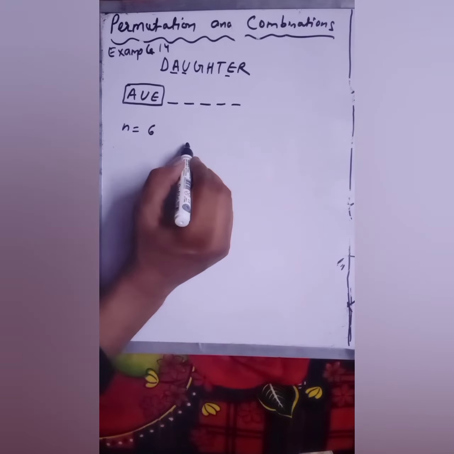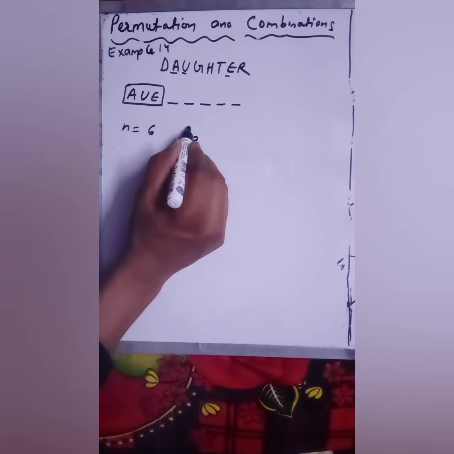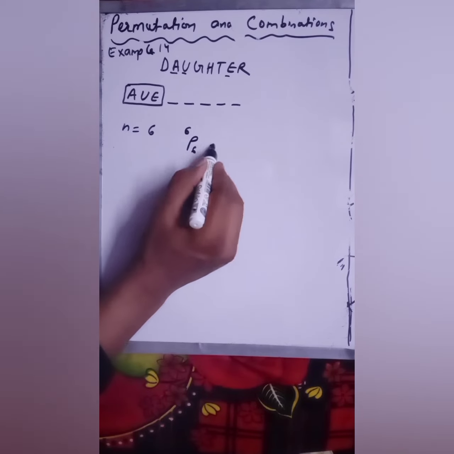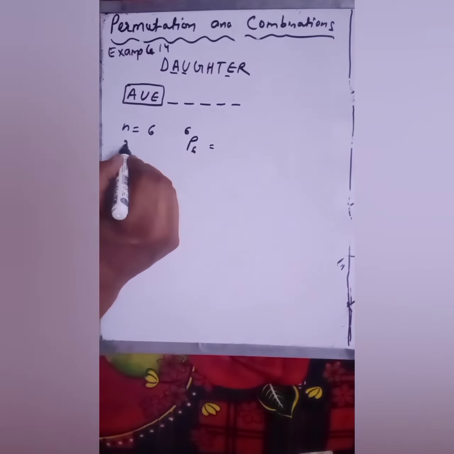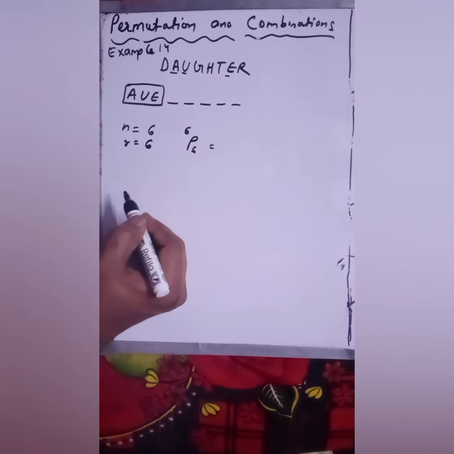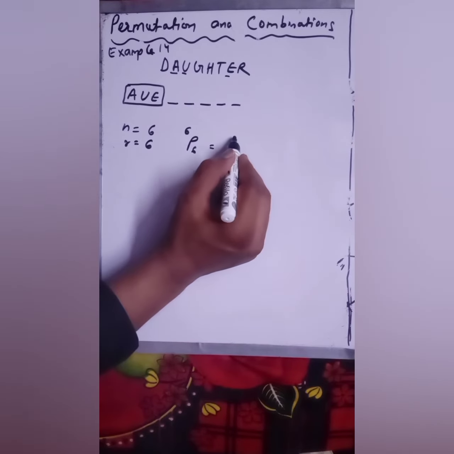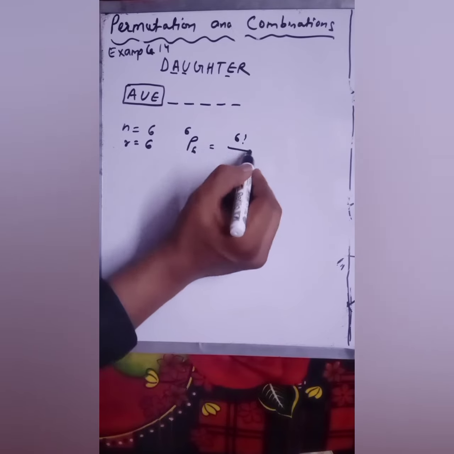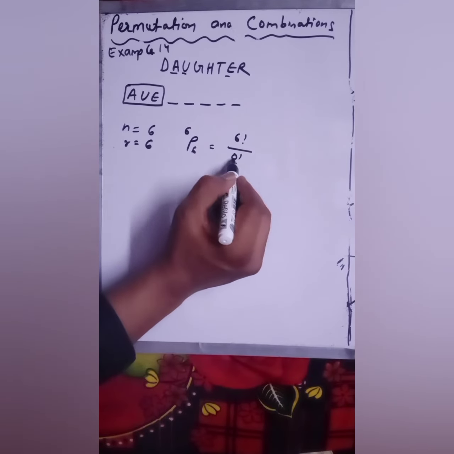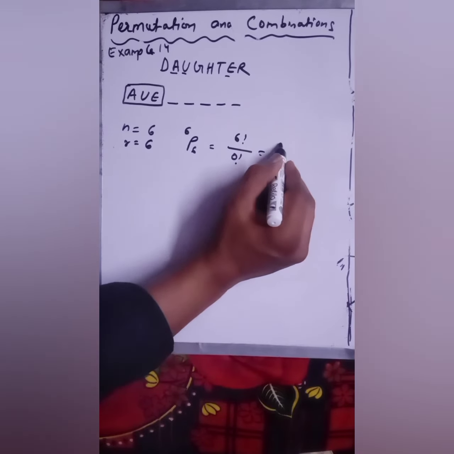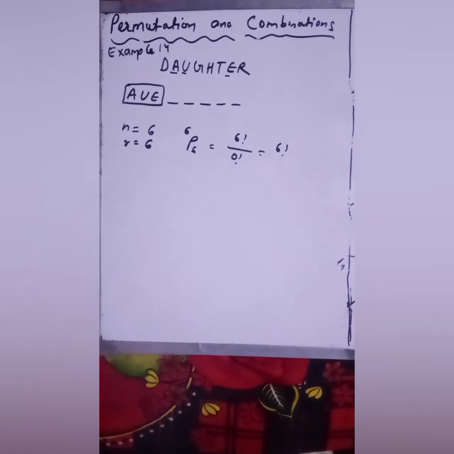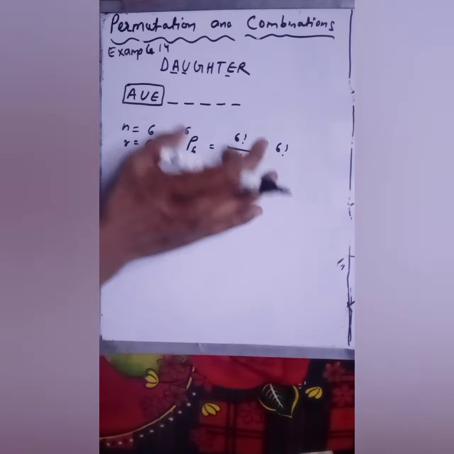So here your permutation will be P(6, 6), so your r is also 6. When you solve it, you will get 6 factorial over 6 minus 6, that is 0 factorial. 0 factorial is 1. So your answer would be 6 factorial. Fine. So the required arrangement will be this one.